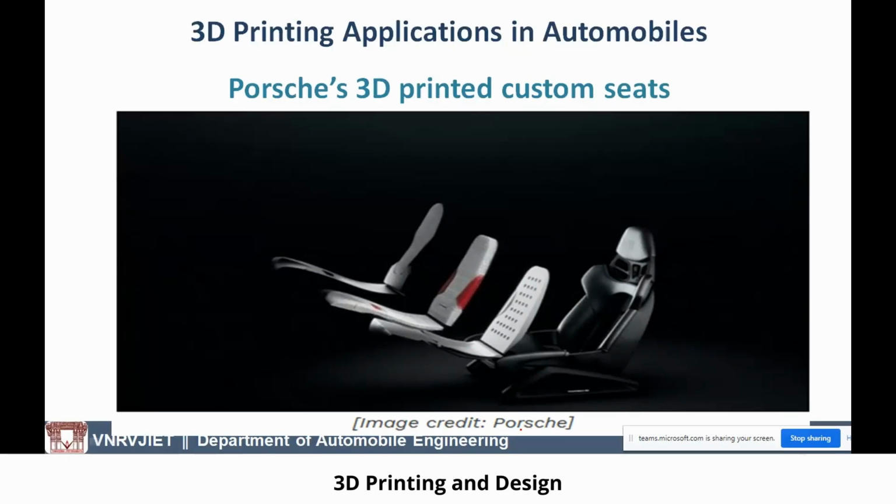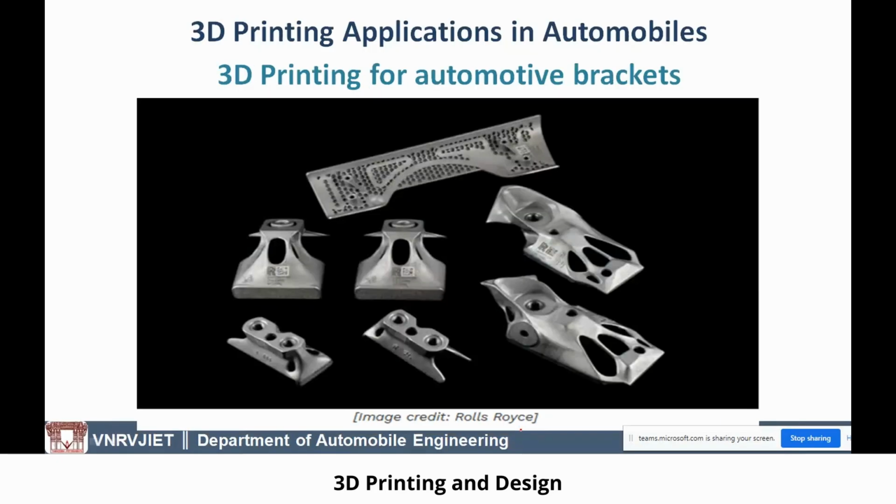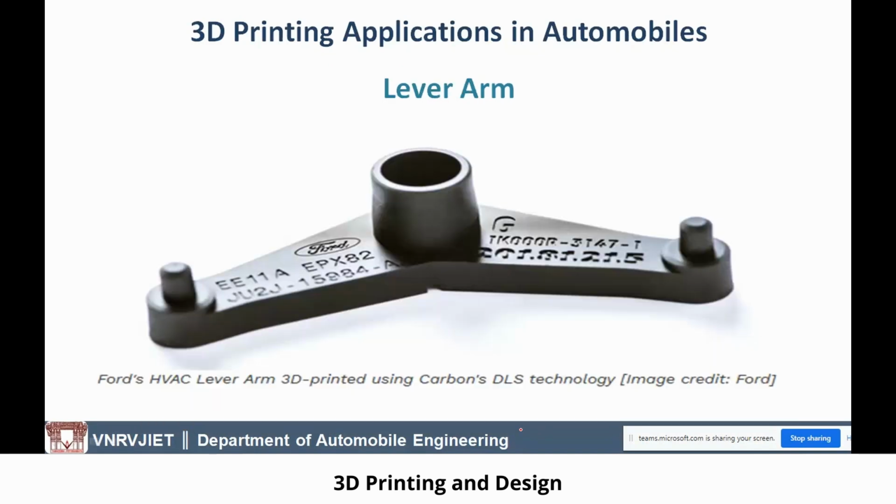And Ford has produced 3D printable seats, and now they are using these techniques to produce seats for their Ford car models. And these are some automotive brackets, metal brackets, and you can see a lever arm that is produced directly with metal.